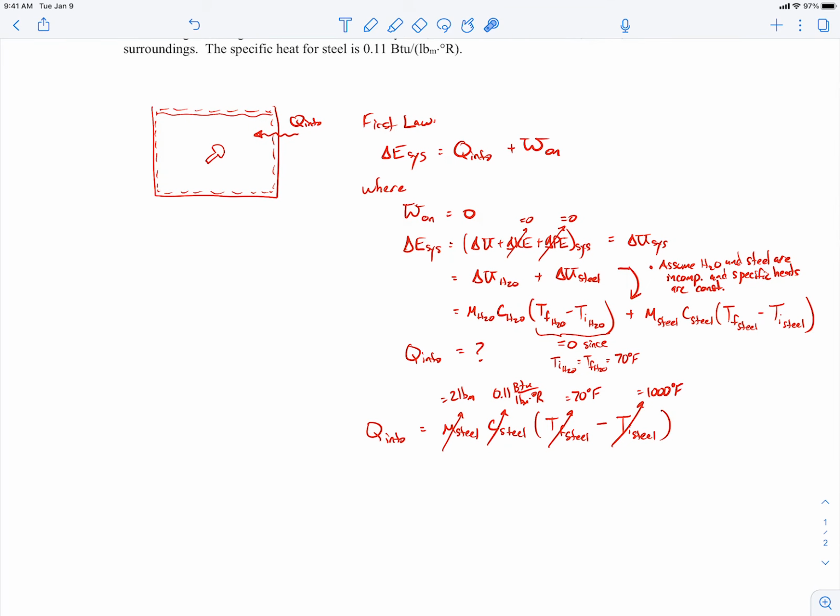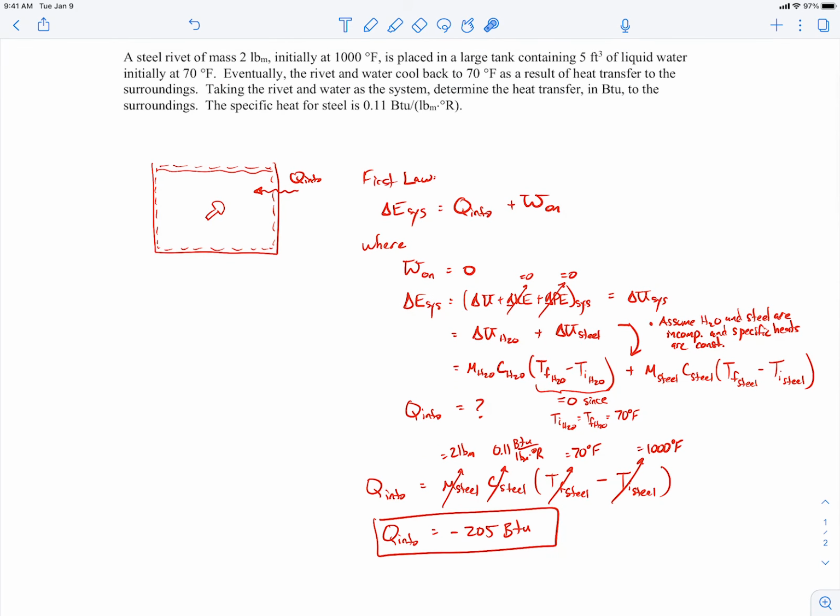Anyway, we can do that calculation, and what we'll get in the end is the energy transfer via heat transfer comes out to be minus 205 BTU. So it means that, in fact, we have an energy transfer out of the system, since it's negative, of 205 BTU. All right, we'll end the example there.